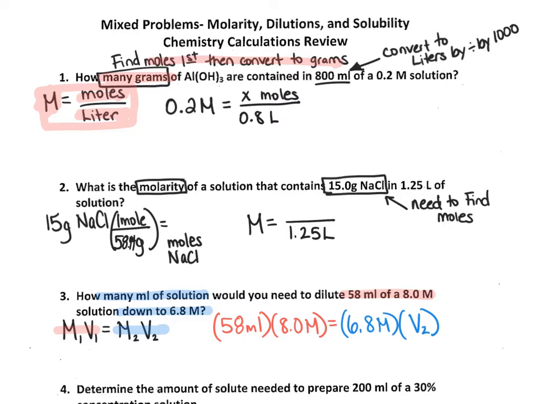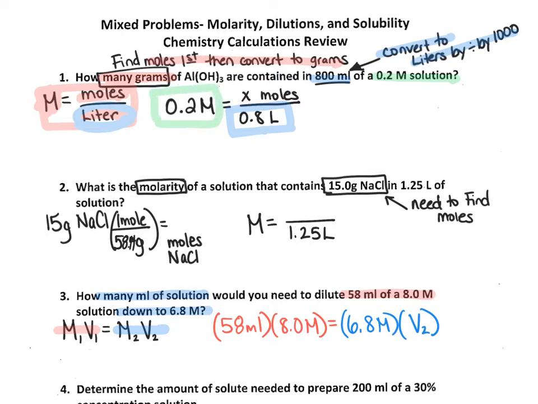We have 800 milliliters, and we need to convert that to liters because our volume always has to be in liters. So I divide that by 1,000, and that goes on the bottom as 0.8 liters. And I have a molarity, so I have 0.2 moles per liter.